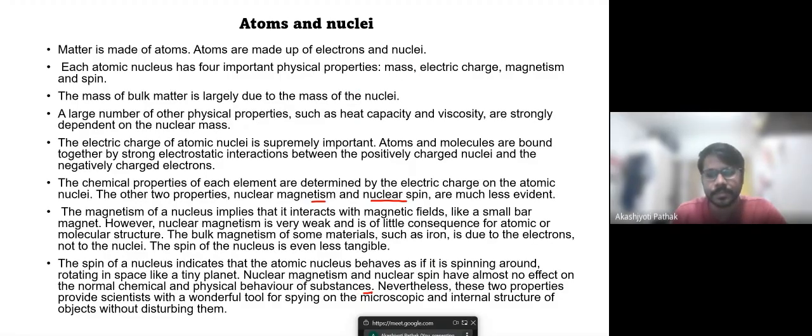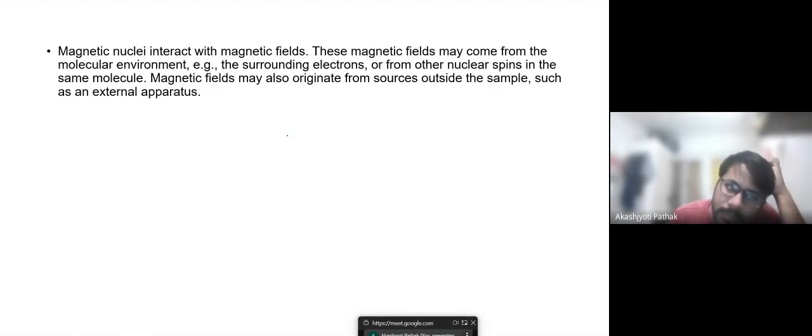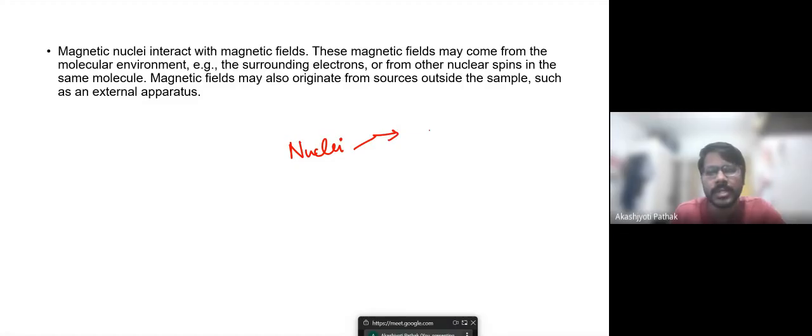But the other two properties, the nuclear spin and nuclear magnetism, are a wonderful tool for spying on the microscopic and internal structure of objects without disturbing them. So the nuclei have two important properties which are utilized in NMR. One is the nuclear spin and another is the nuclear magnetism.